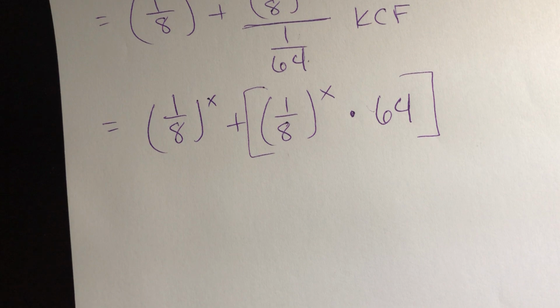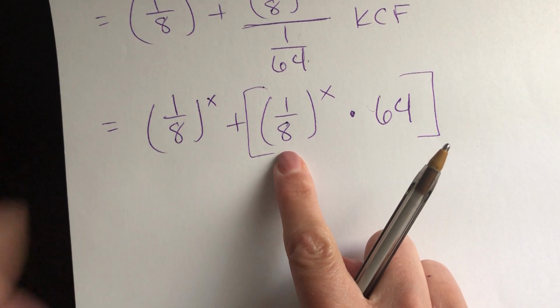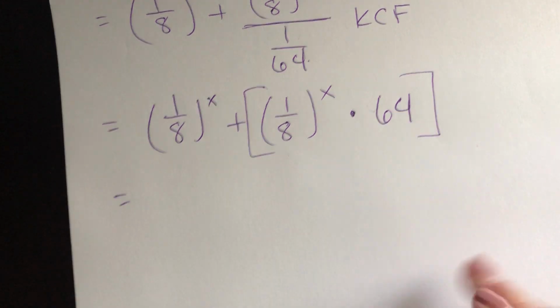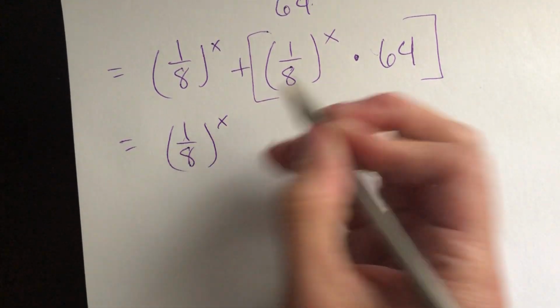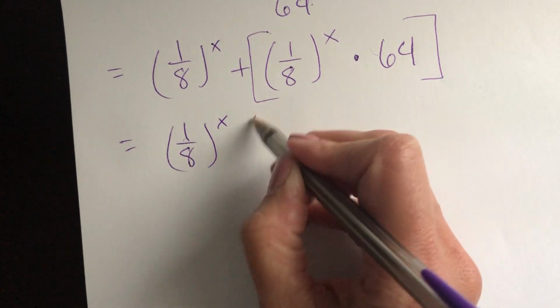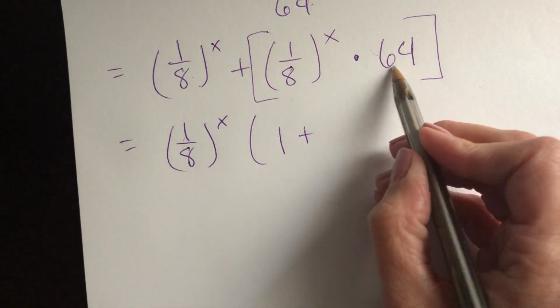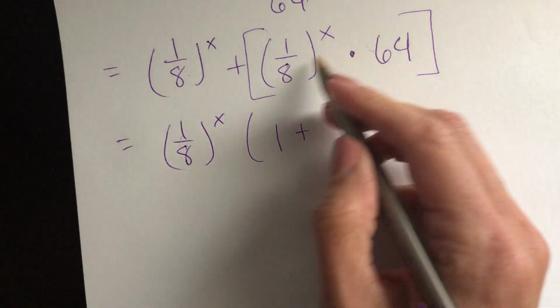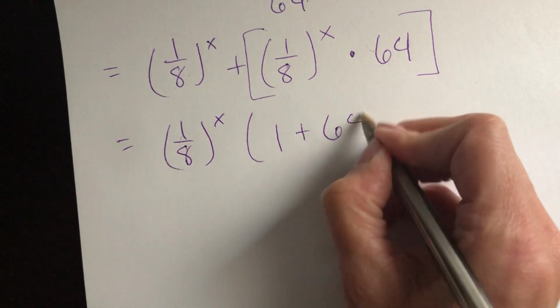Now I can look at this and see I have the common factor of 1/8 to the x. So I'm going to factor that out, 1/8 to the x, and then you're left with 1 plus 64. You pull it out for 1, so 1 times 64 is 64 there.